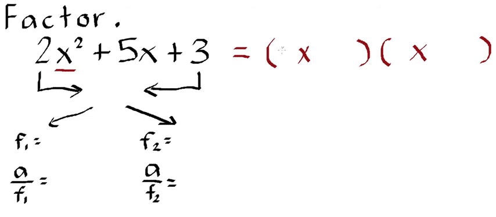Mag-iwan lang tayo ng konting space sa unahan ng bawat x dahil maaaring may mga ilalagay pa tayong numero mamaya dyan. Step number 2. The sign of the middle term will be the sign in the first set of parentheses. Since positive tong middle term 5x, positive din yung ilalagay doon. Then, ano namang ilalagay na sign dito sa second set of parentheses?